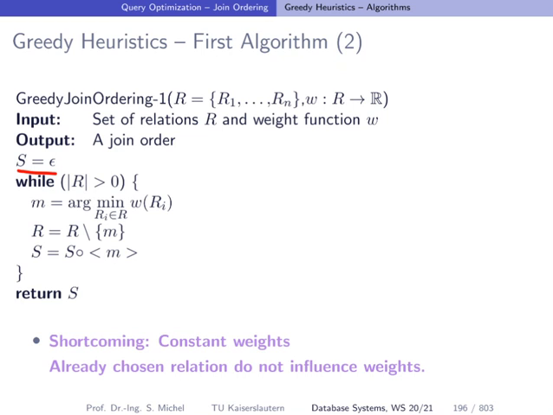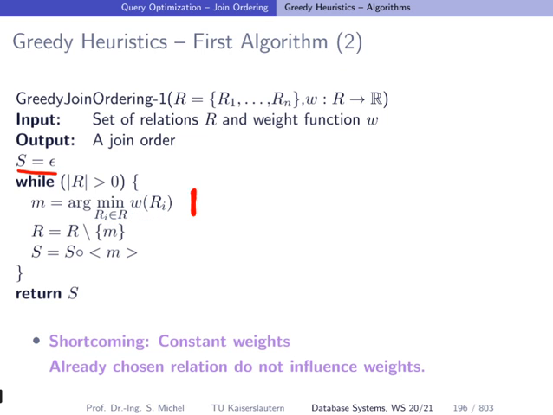And as long as our set of relations is not empty, we pick out of this set R the relation that has the smallest weight. So we iterate over all of these Ri from R and take the one with the smallest weight.